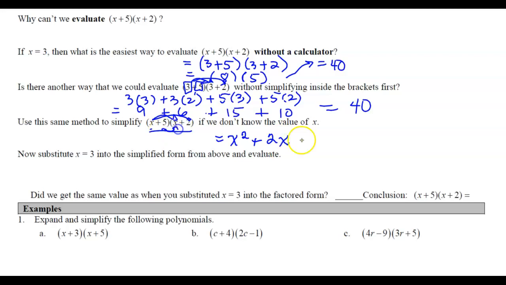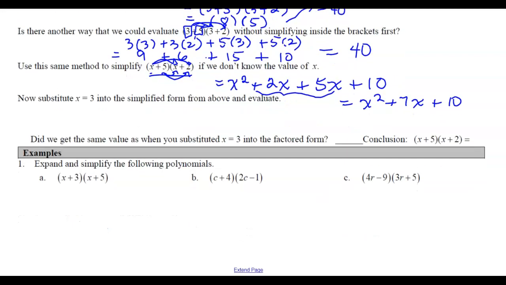Then 5 times x is 5x. And 5 times 2 is 10. So they're all adding in this case because there is no subtracting in the brackets. Then you collect like terms. Those are like terms. So that's going to be x squared plus 7x plus 10. Okay? That's how you multiply 2 binomials together.